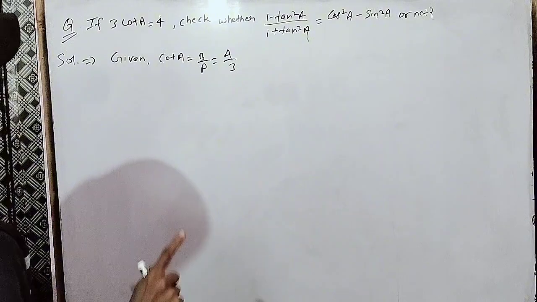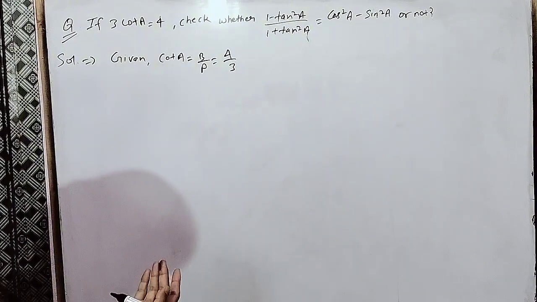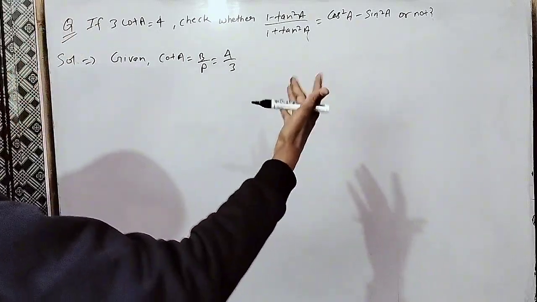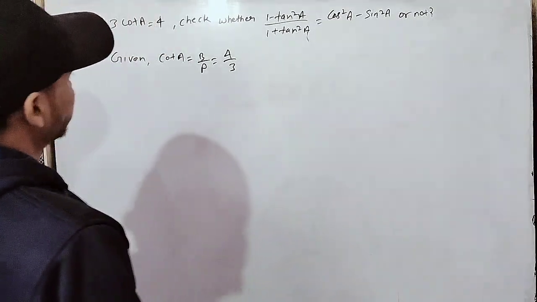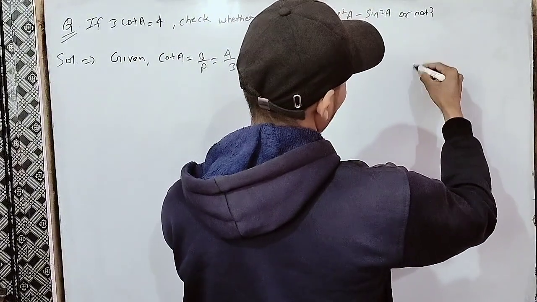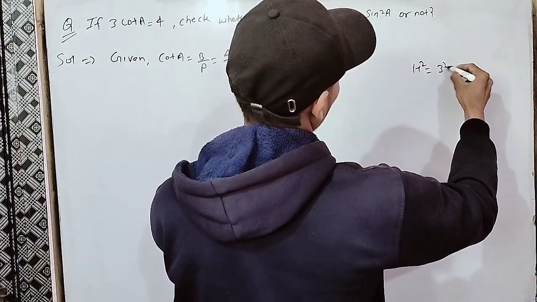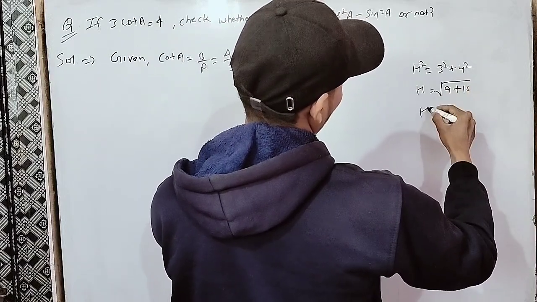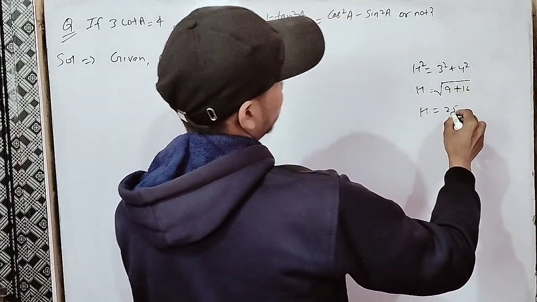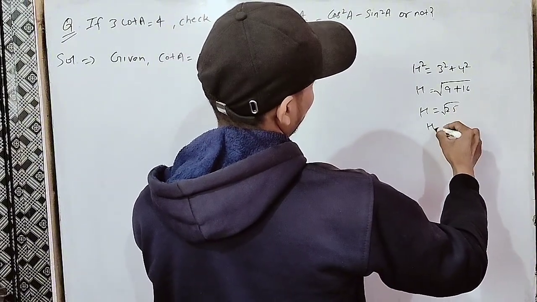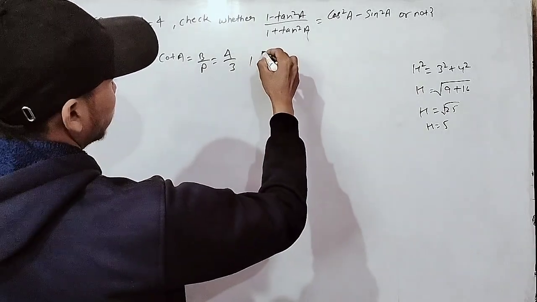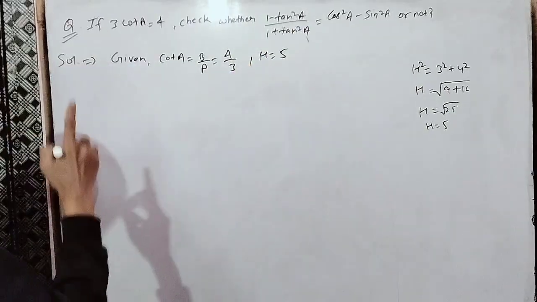Now we don't have the value of H. H is compulsory for cos A and for sin A. So we don't know. 5. Okay, remember, H is 5.